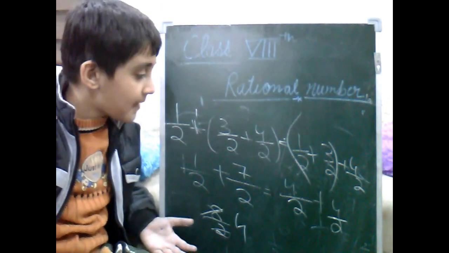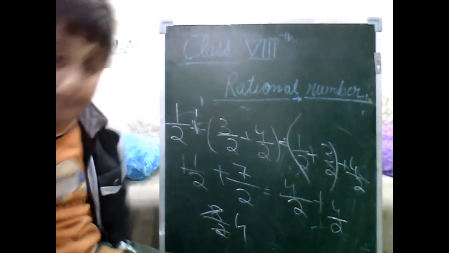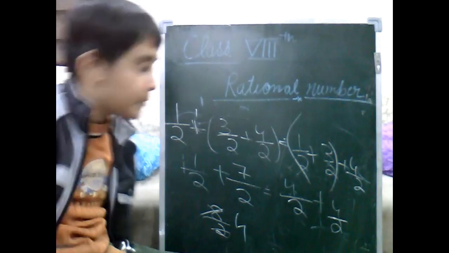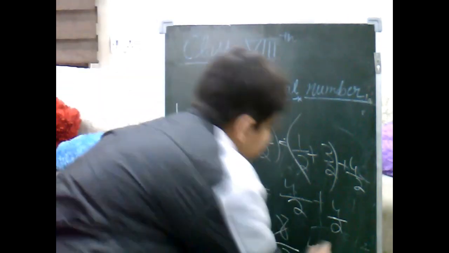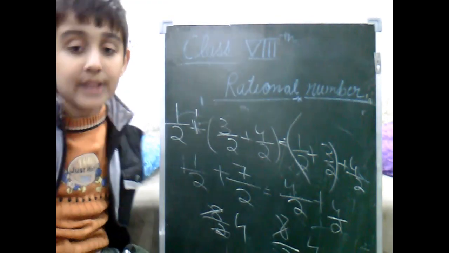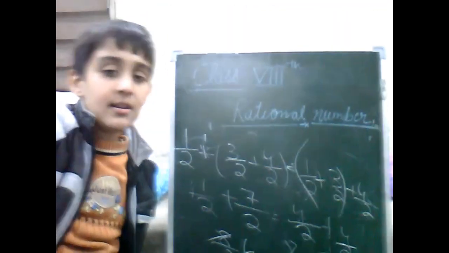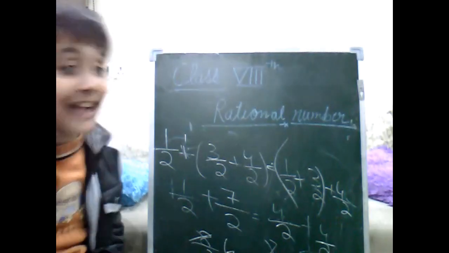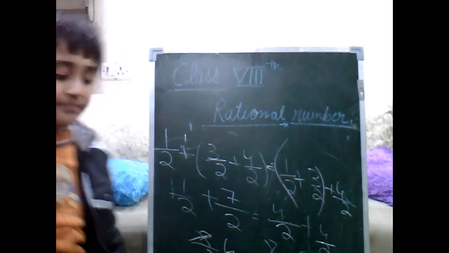Bracket is opened, so we will multiply with the same. 4 plus 4 is 8, so 8 upon 2, and then we will cancel it, 4. So LHS is equal to RHS. 4 is equal to 4. So can we say that addition is closed under associative property? Yes, you're correct.